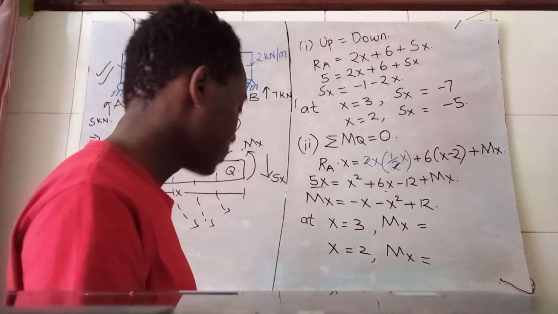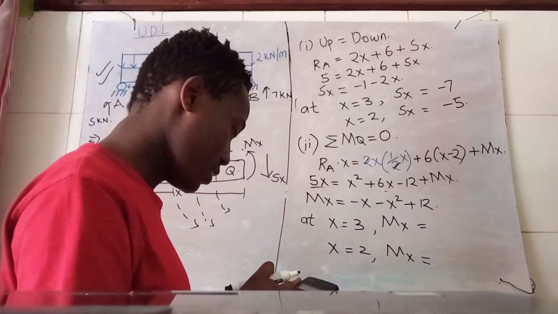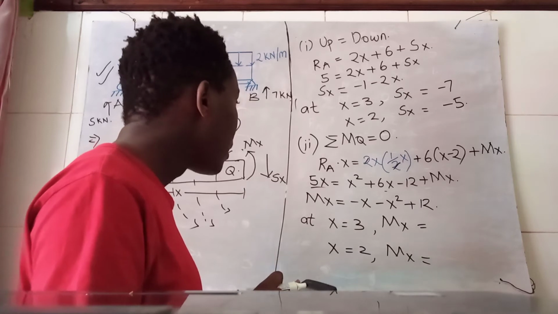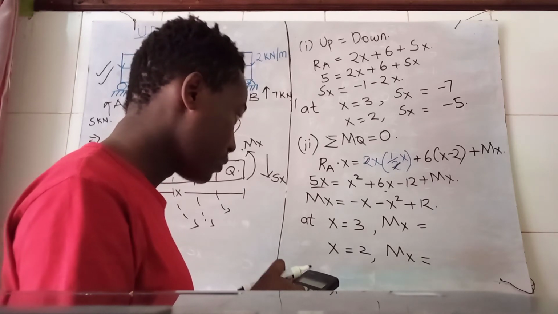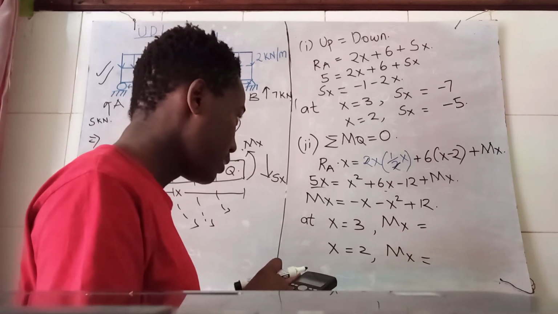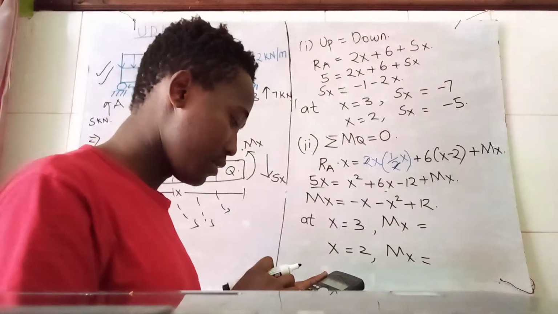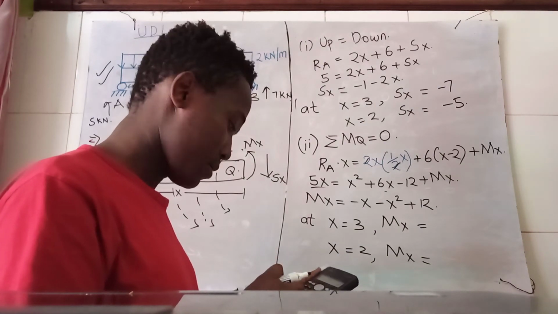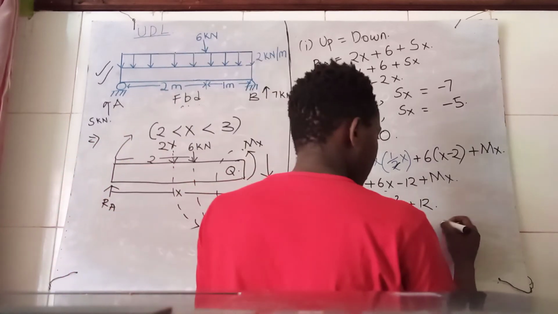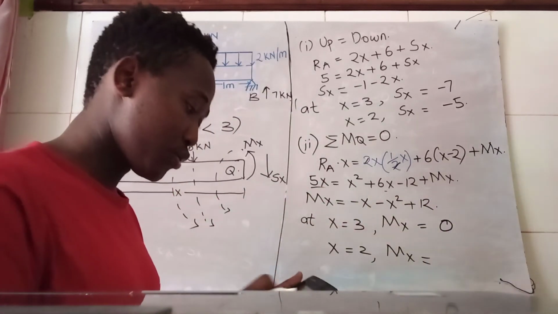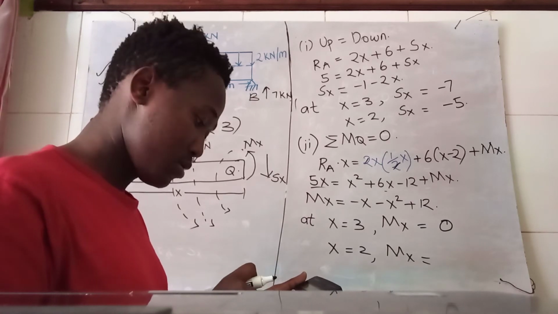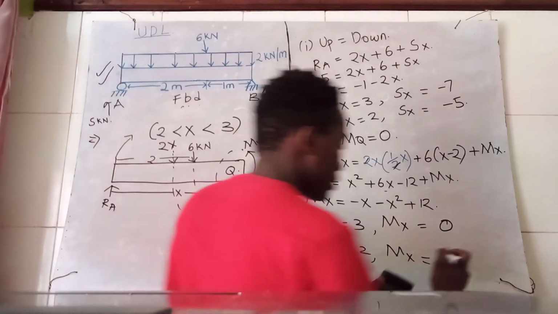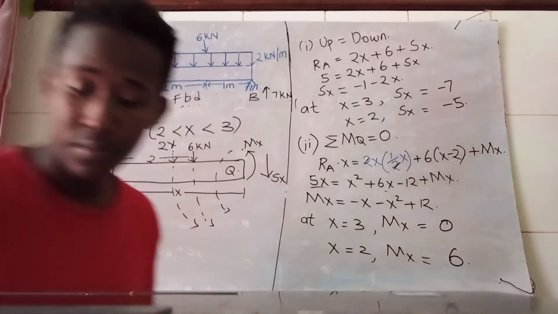At 3, negative 3 squared plus 12, that gives 0. Then at point 2, negative 2 squared plus 12, and that is going to give me 6.